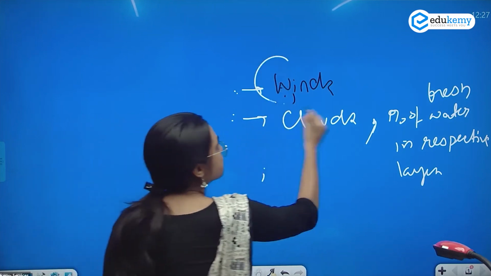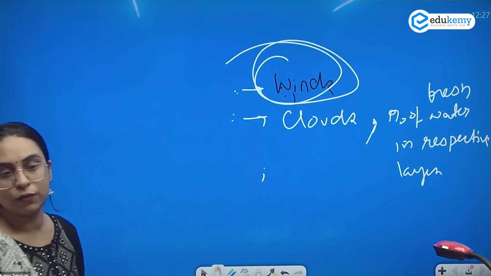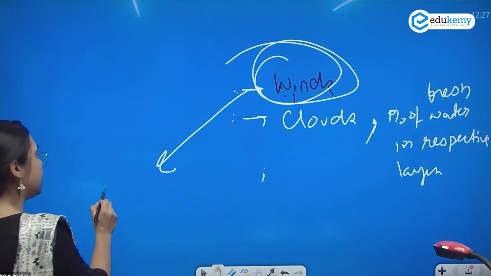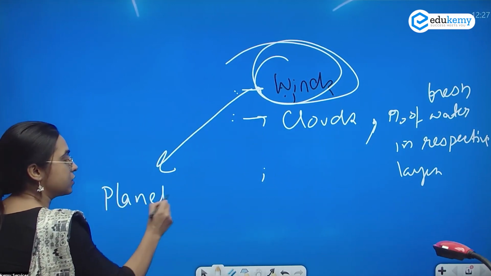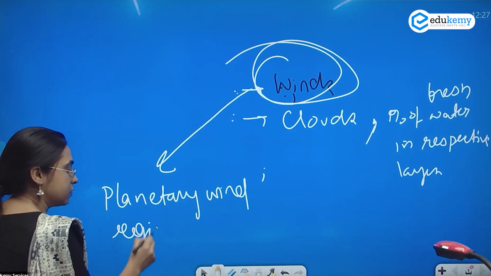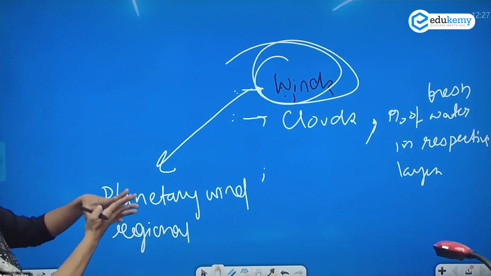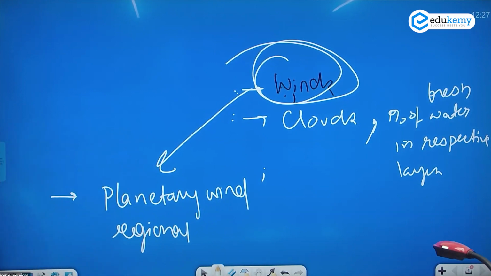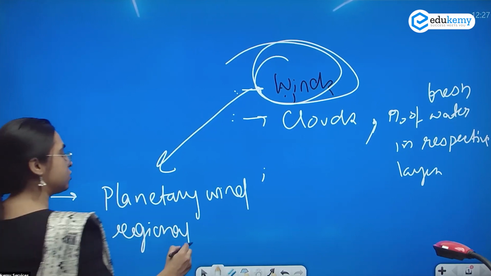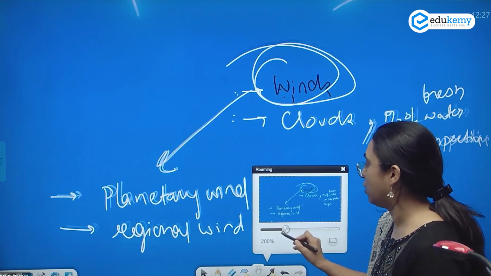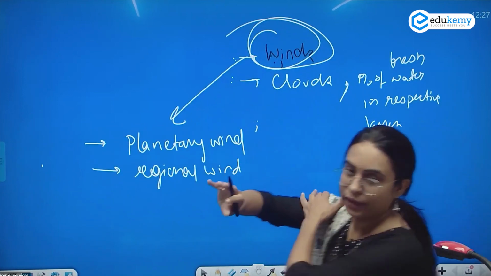For you to understand winds, there are basically 3 types of winds. One is the planetary winds. The other is the regional winds. I'm talking on the basis of scale: planetary winds cover the entire earth, then there is a particular region. So regional winds. And the other is the local winds, which blow over a very small local area.